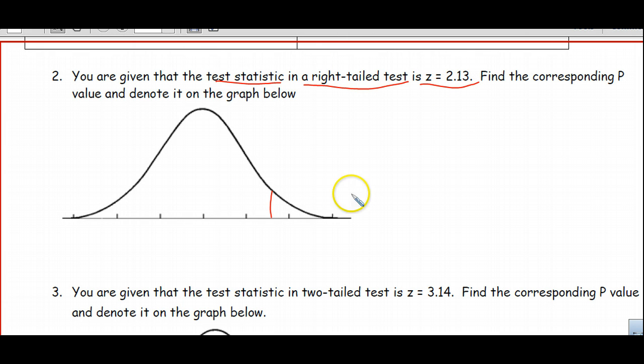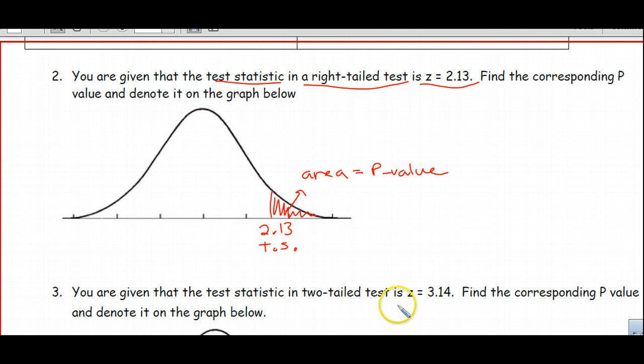I don't have a critical value, so this is my test statistic here, which is 2.13. This area is my p-value. So remember, area is a probability, p-value is a probability, and that area is that p-value. So this is my test statistic. We'll say TS for test statistic.